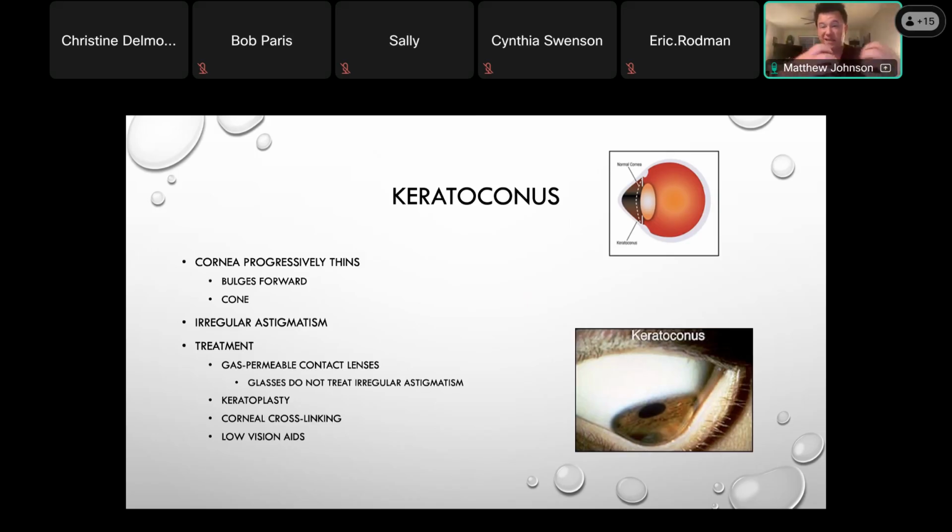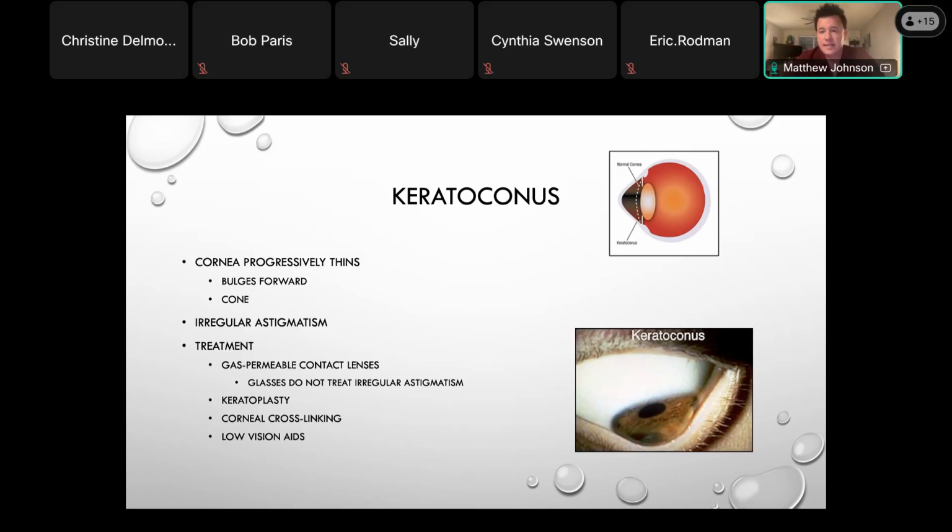Well, the cornea does just that. In the spot where it gets thinner, it bulges out and creates a cone, hence keratoconus. This is a cone that bulges forward. We're not talking about a cone like the coneheads way back in the day, just a general cone pushing out. It's not a spherical shape anymore.